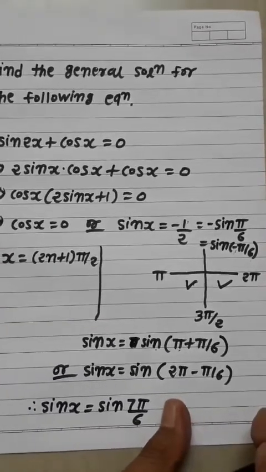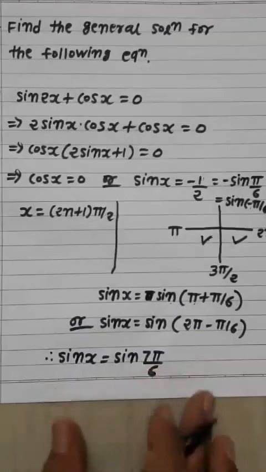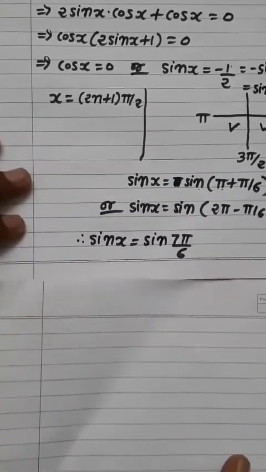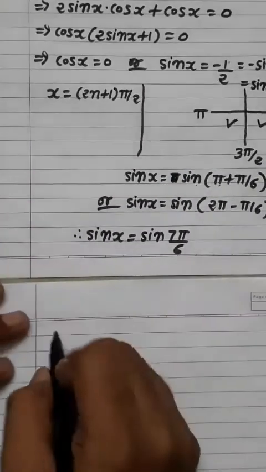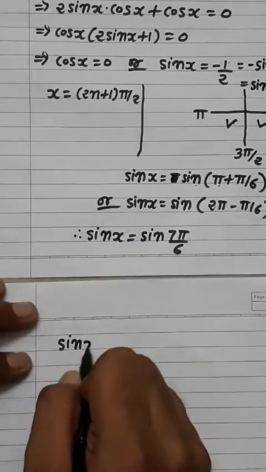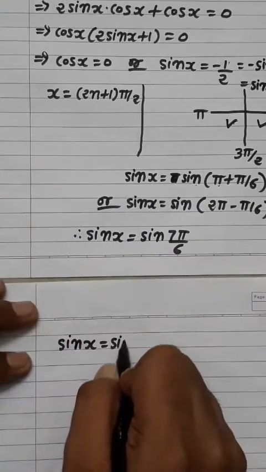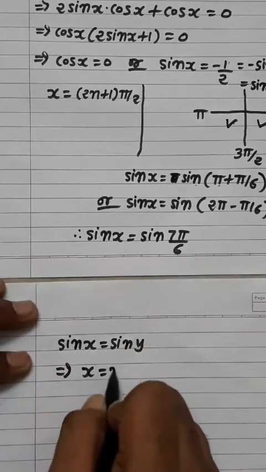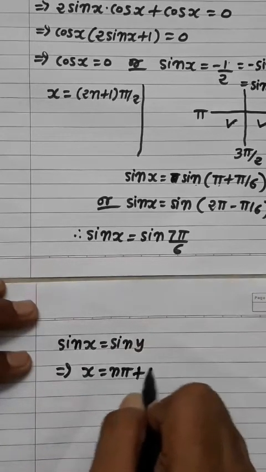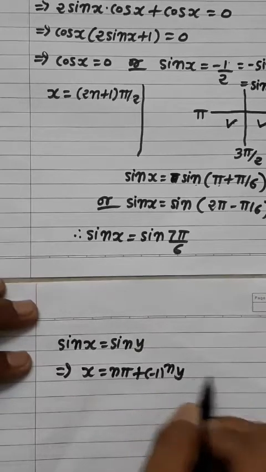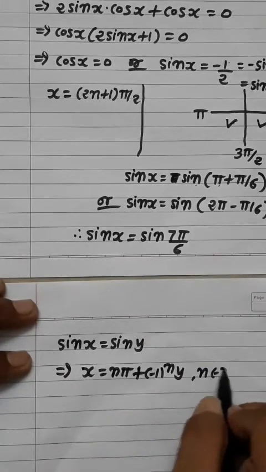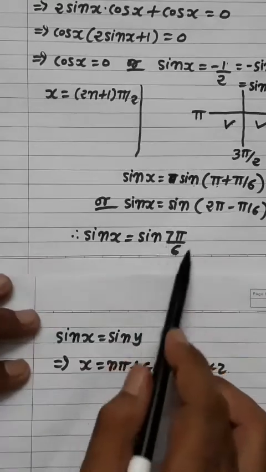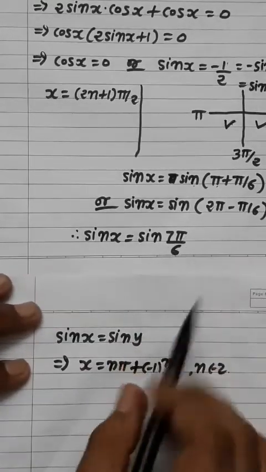Now how can we simplify this term? Again we know that if sin x is equal to sin y, this implies x is equal to n pi plus minus 1 raised to n y, small n belongs to Z. Now here in place of y just substitute 7 pi by 6.